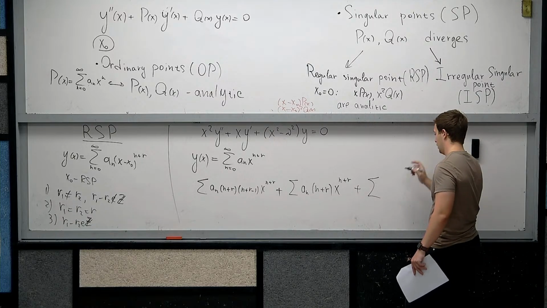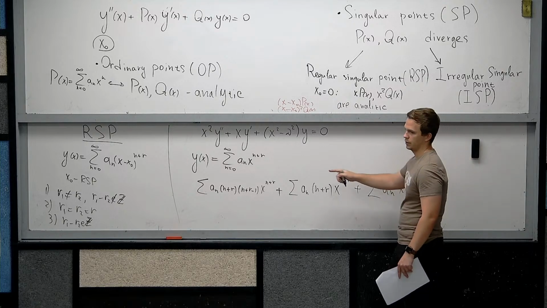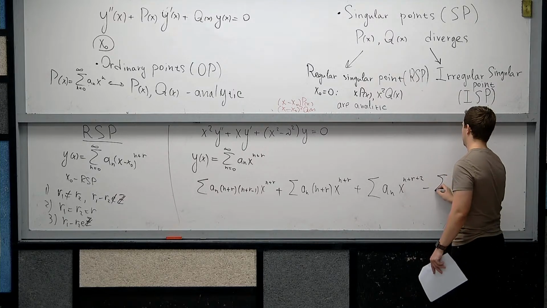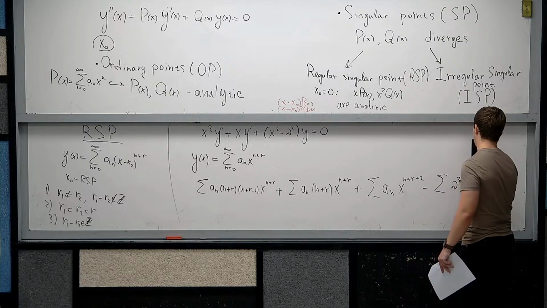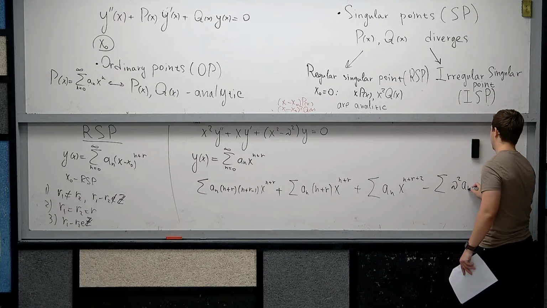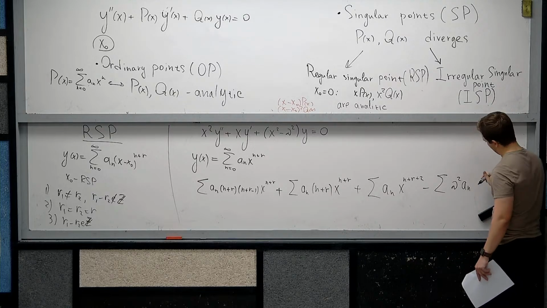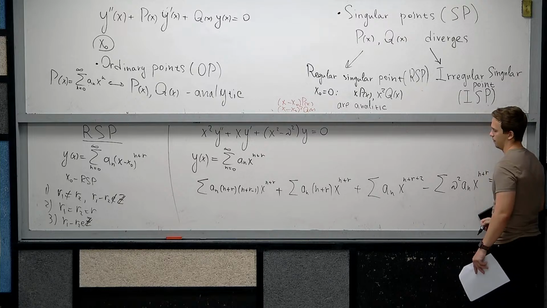Then plus, let's open the brackets here: a n x to the n plus r plus 2 because of x squared, minus nu squared a n x to the n plus r.